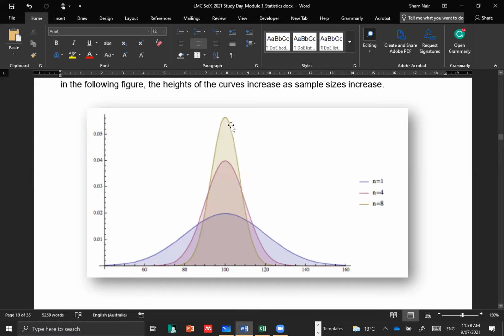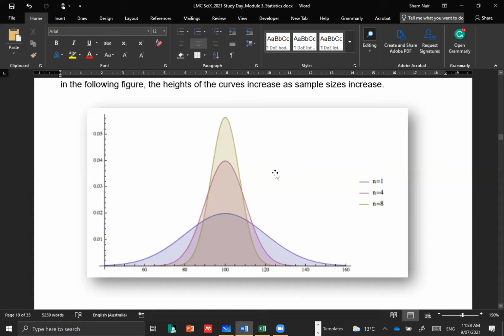So if you look at the spread from the center, which is set at 100 for this particular graph, the distance from the center gets narrower when you increase the number of samples.